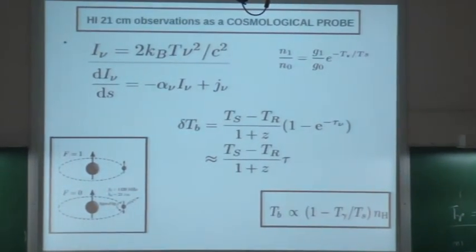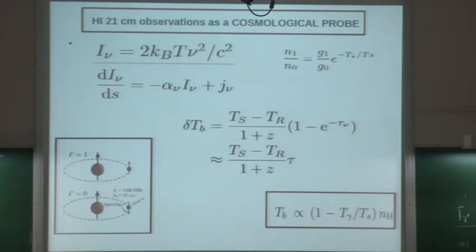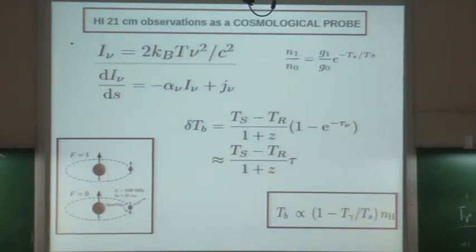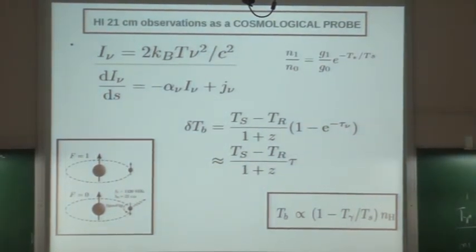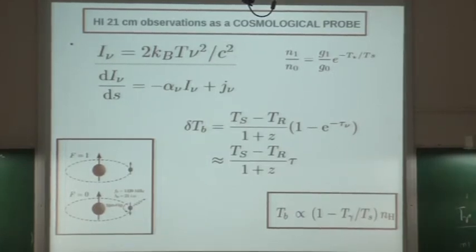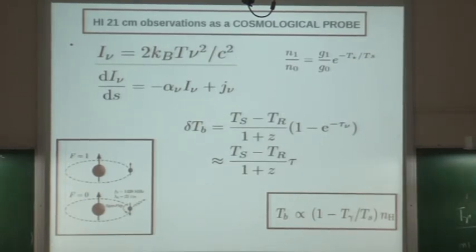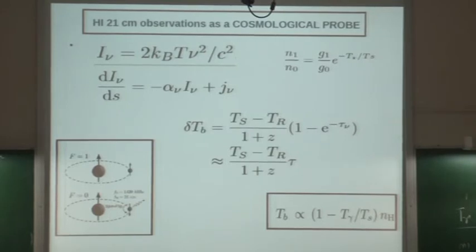So if you can tune your telescope frequency to some value, say 200 megahertz, and you're receiving photons, if that frequency is so tuned that 1420 by 1 plus z is that value, then essentially you are looking at that particular redshift. Is this clear?